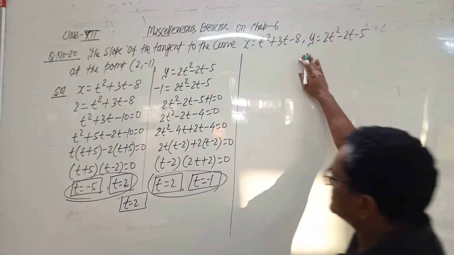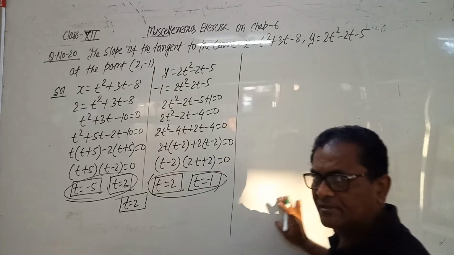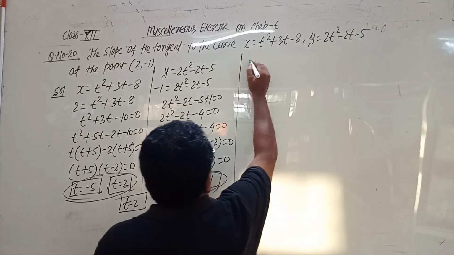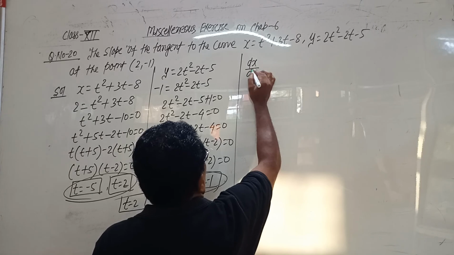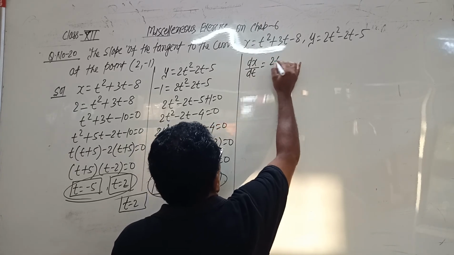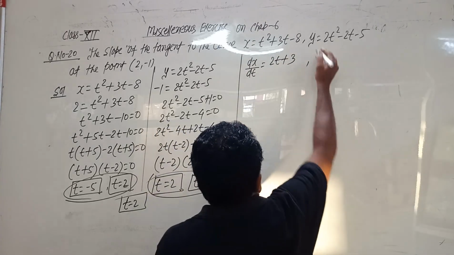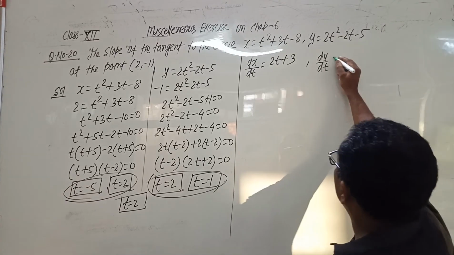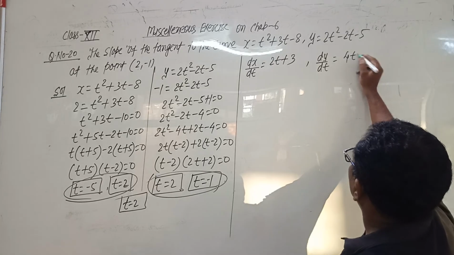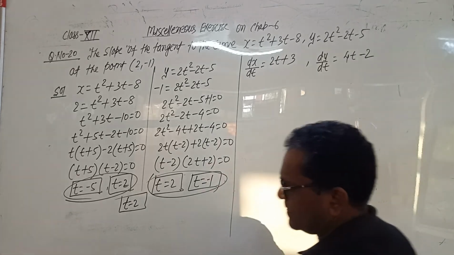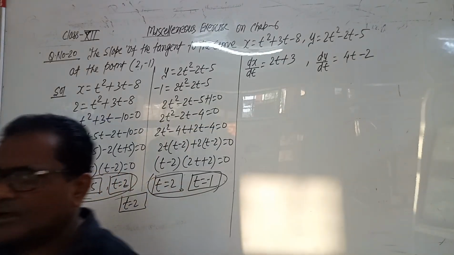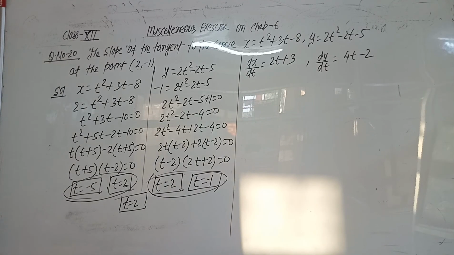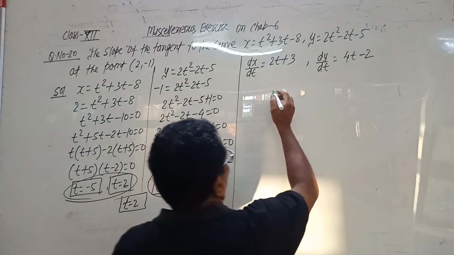Now we find dx by dt and dy by dt, then dy by dx. Differentiating, dx by dt equals 2t plus 3 and dy by dt equals 4t minus 2.